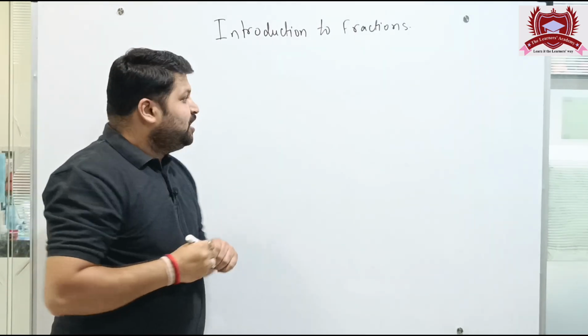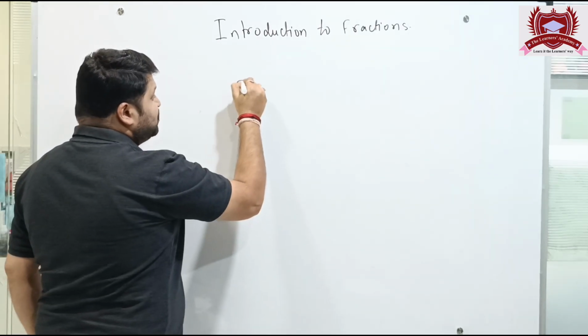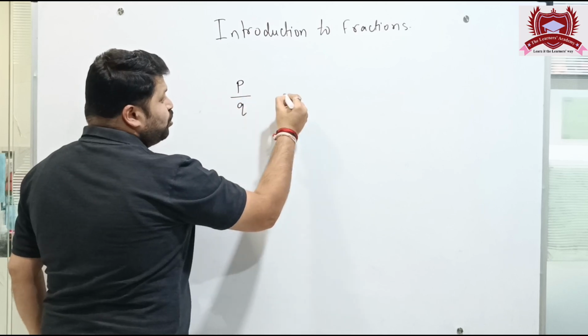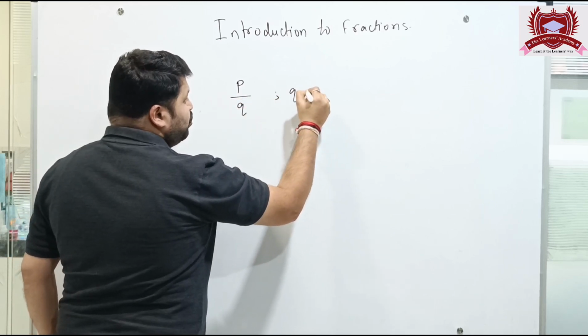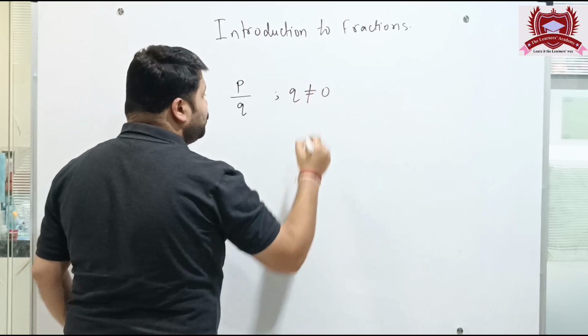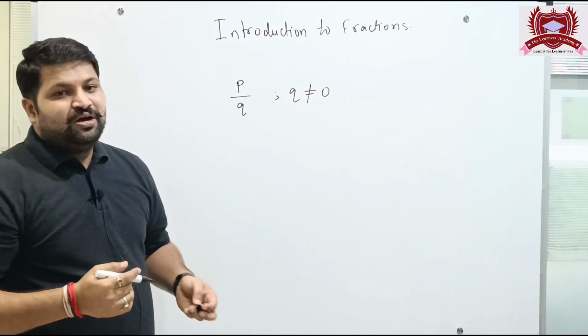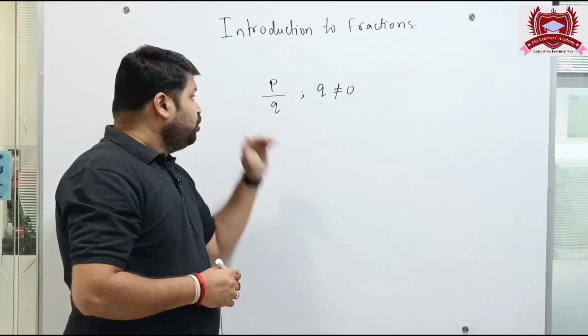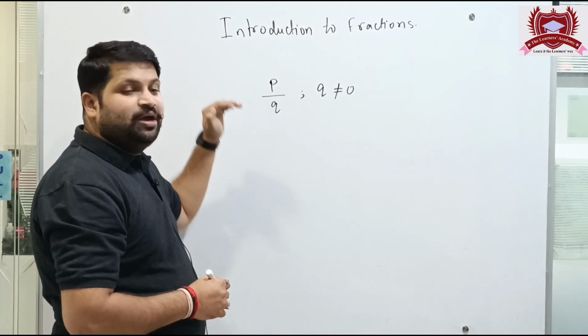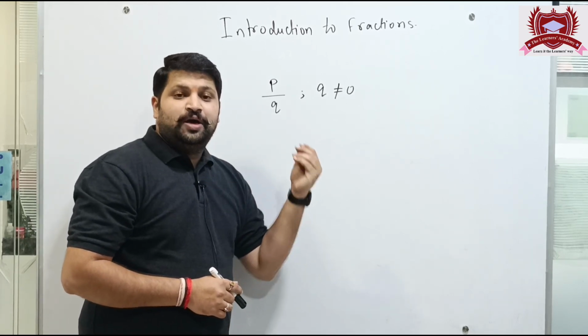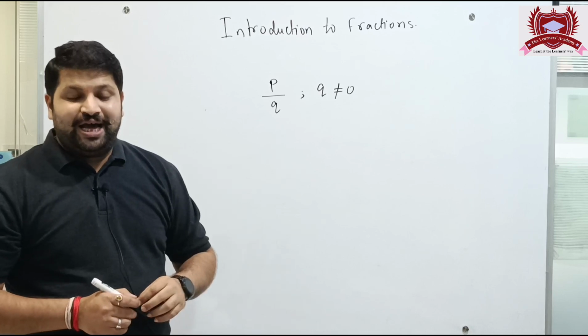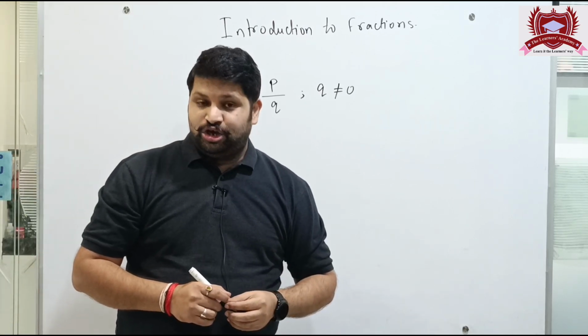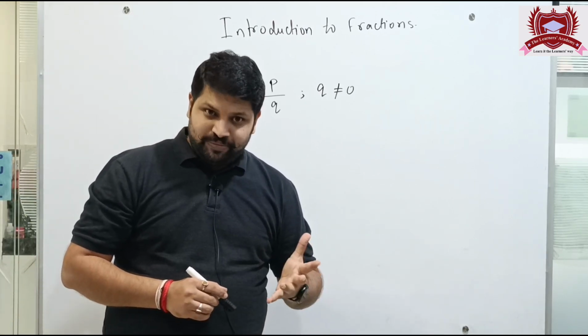Anything that can be written as P upon Q, where Q is not equal to 0, can be considered a fraction. So we have defined the fraction as P upon Q. Here P is called the numerator and Q is called the denominator.